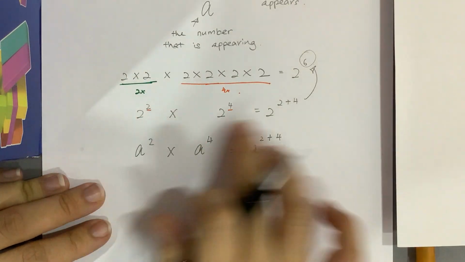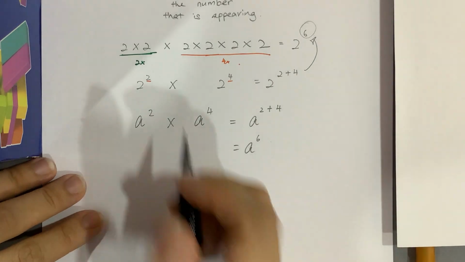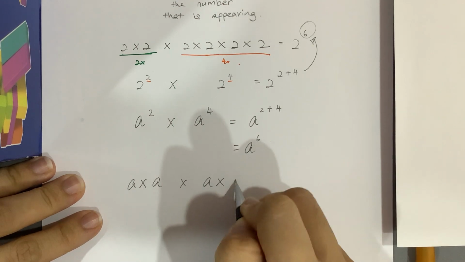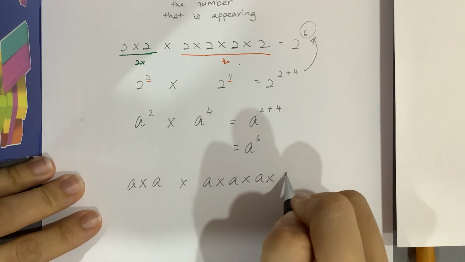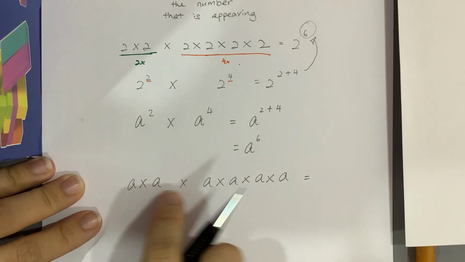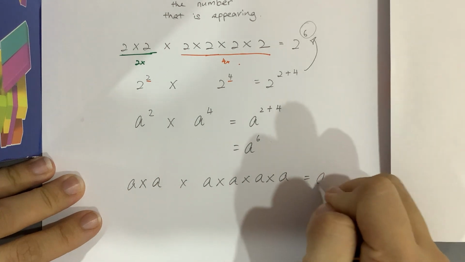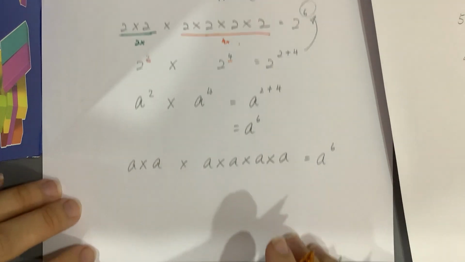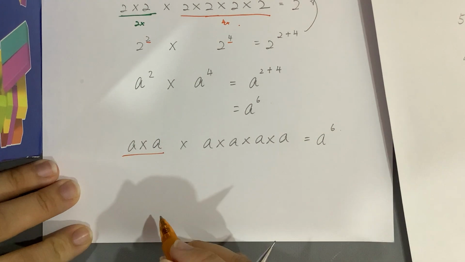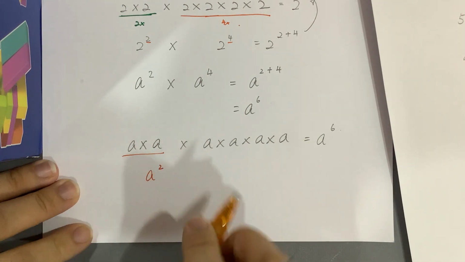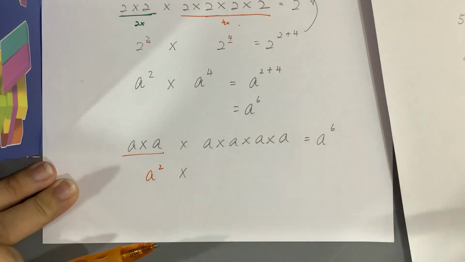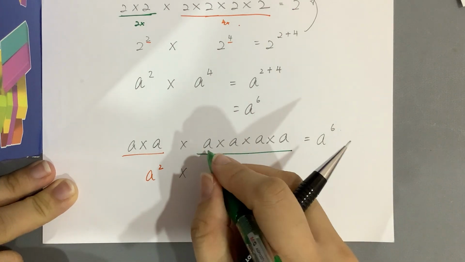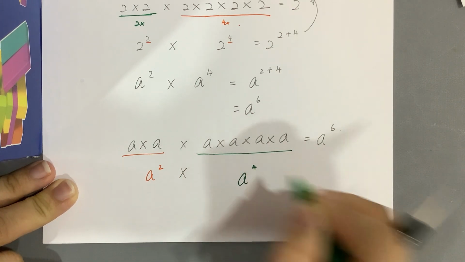So if you translate this to unknown a, a times a times a times a times a times a equals 1, 2, 3, 4, 5, 6, a to the power of 6. Then if you work it out, a times a is actually a squared, multiplied by 1, 2, 3, 4, a to the power of 4.